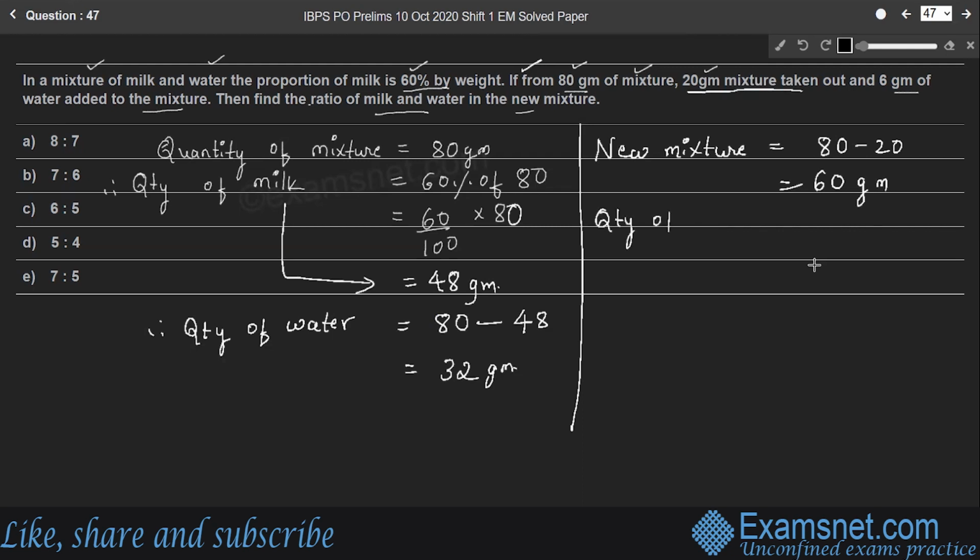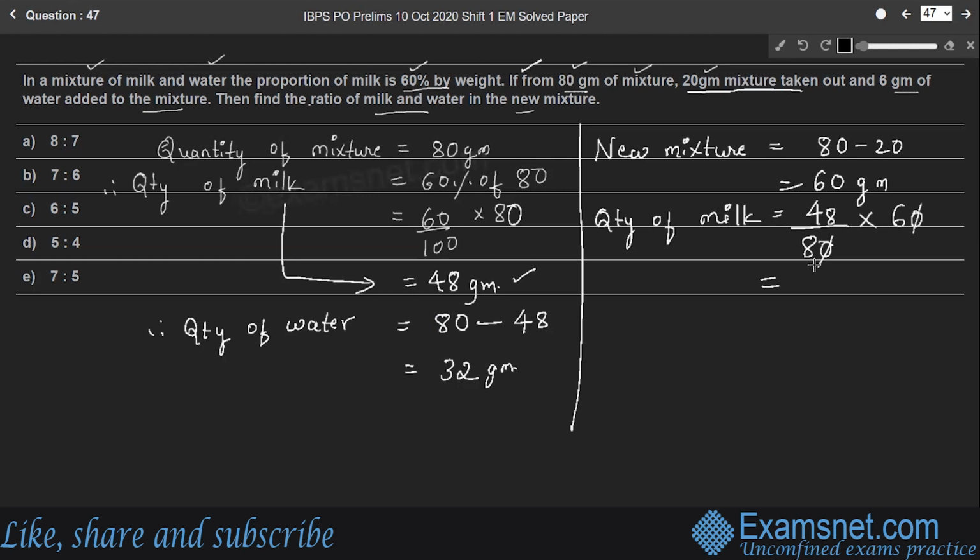Look at the original mixture. In that, quantity of milk was 48 gram when the total mixture was 80 gram. Therefore, in 60 gram of new mixture, what is the quantity of milk? This is how we have to calculate the quantity of milk in this particular question.